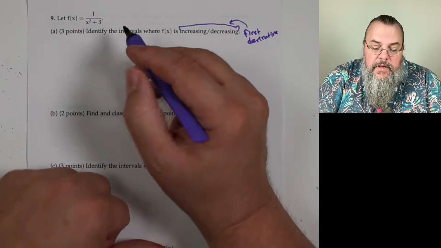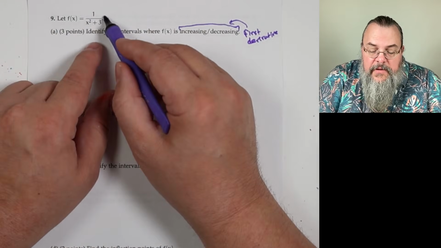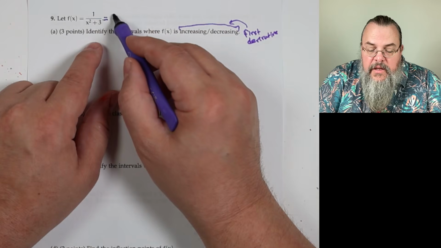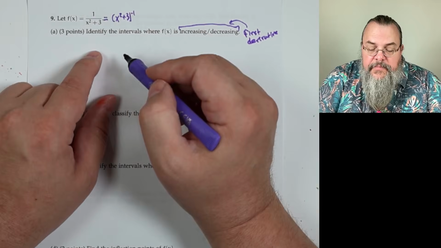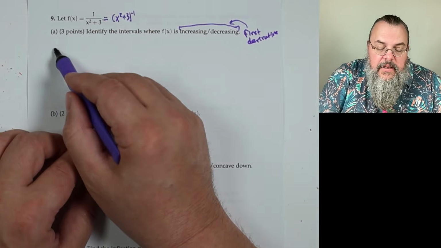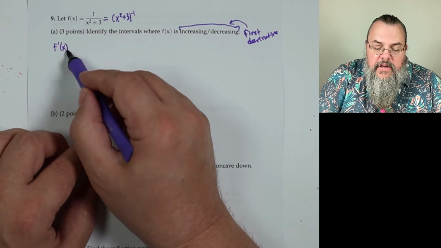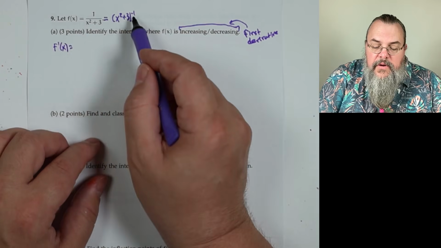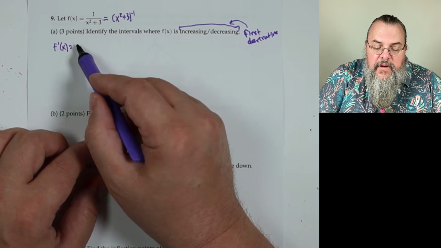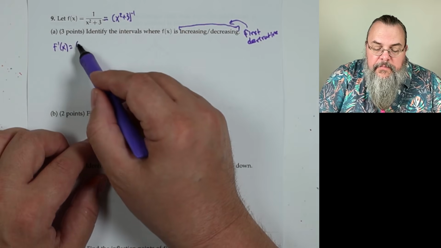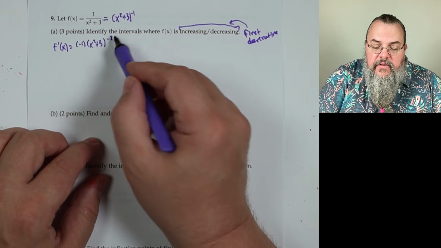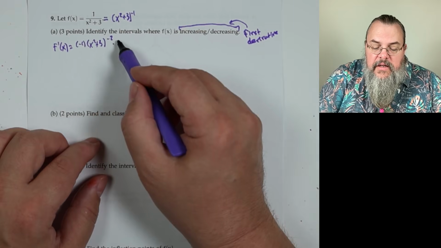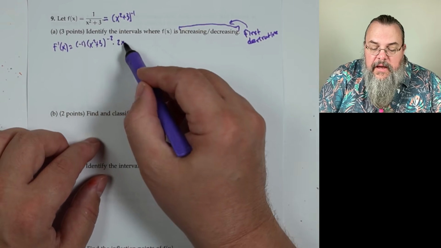So let's get into that. Now f of x is 1 over x squared plus 3. You can think of this as x squared plus 3 to the minus 1 if you like. That can sometimes make it a little easier to take a derivative, or you could just do the quotient rule. If I bring the minus 1 down, then x squared plus 3 to the minus 2 times the derivative of the inside, which is 2x.